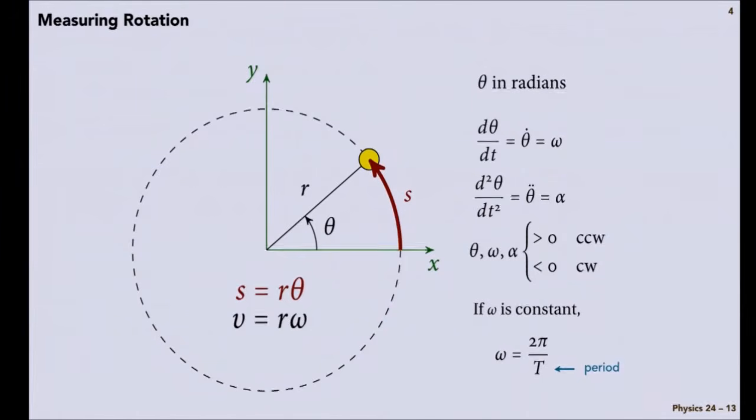Anyone see a problem with this way of describing rotational motion? In the cheap seats. It doesn't allow for a change in the radius. He says this assumes a fixed radius.